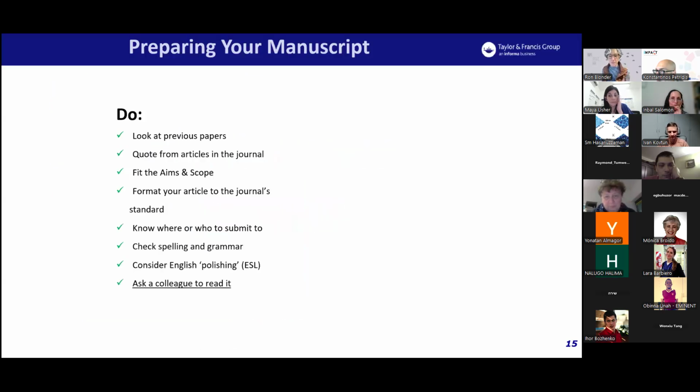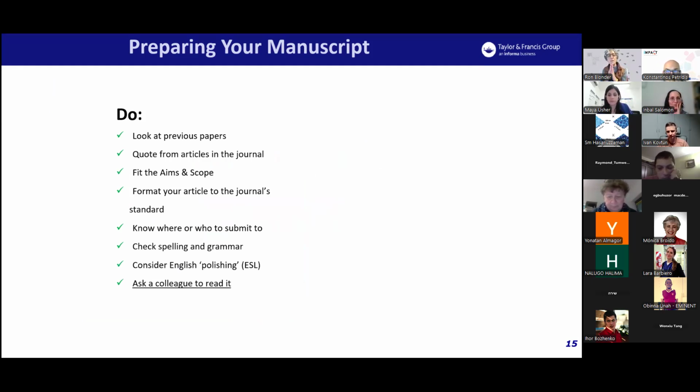So here is my first slide of tips. Okay. So first of all, look and read carefully previous papers. And also, when you submit to a certain journal, cite papers from this journal. Look at the aims and scope of the journal and fit the paper accordingly.